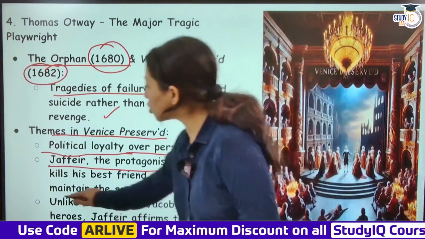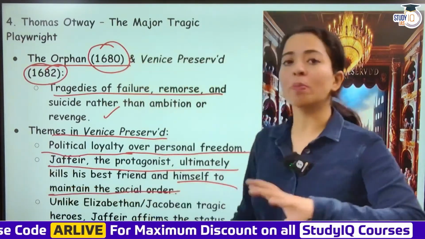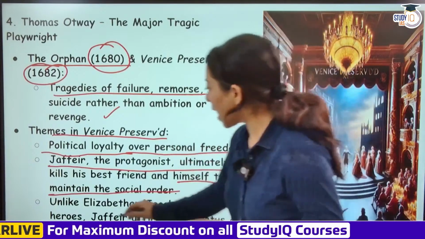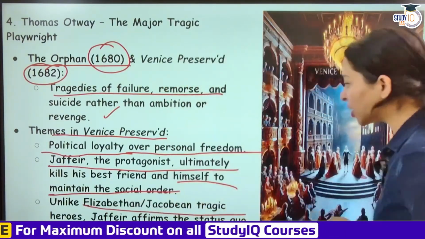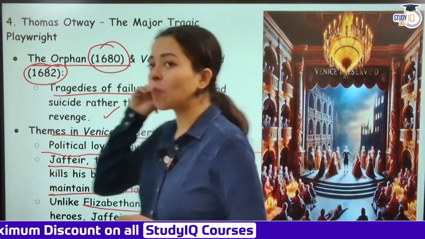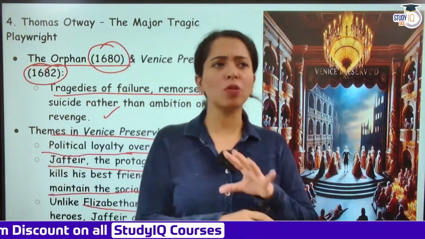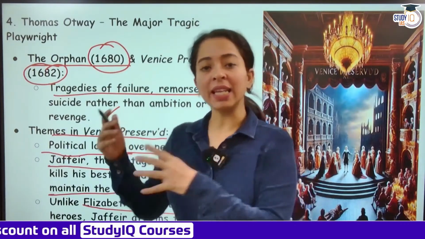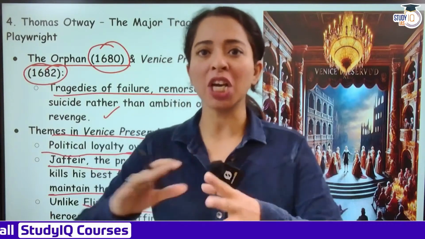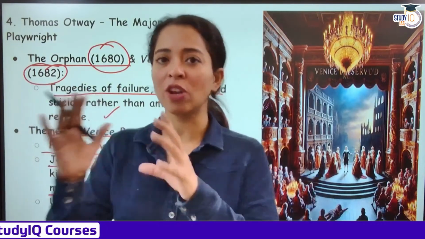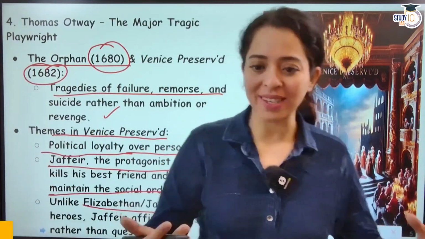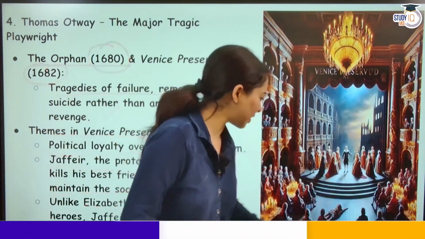Okay, so to maintain the turmoil of that time, the protagonist kills. Unlike Elizabethan Jacobean tragic heroes, Jafar affirms the status quo rather than questioning it. Similarly, at that time there was so much political turmoil happening that even the play is kind of projecting that it is better to kill yourself, to kill your loved one, however, let England be in peace. Okay, so this was a kind of a thing that was happening during that time.